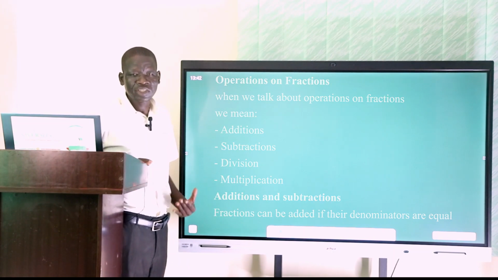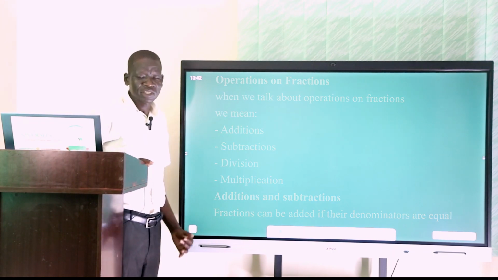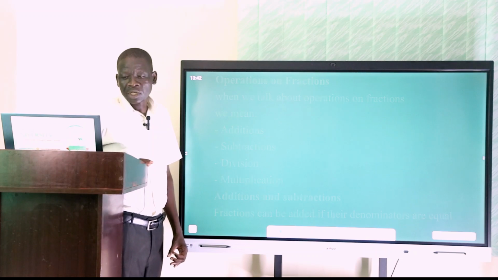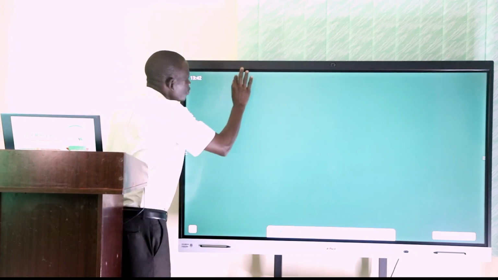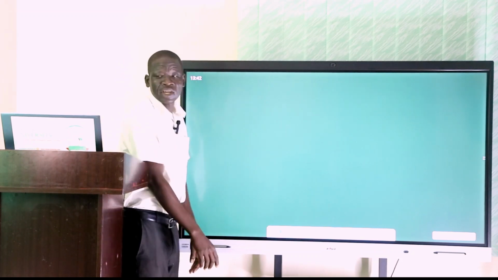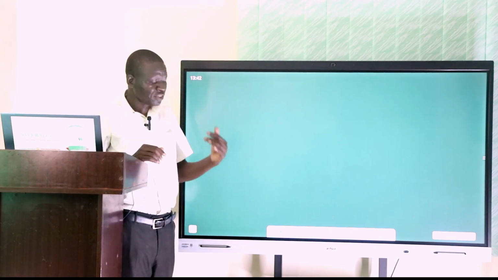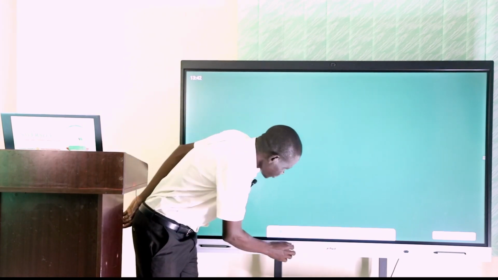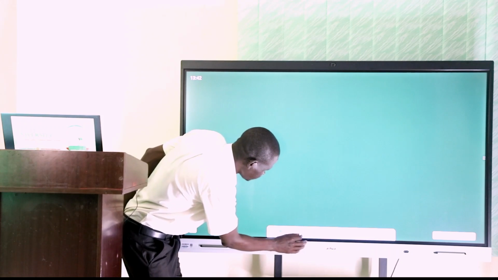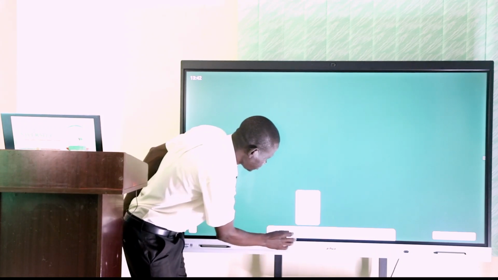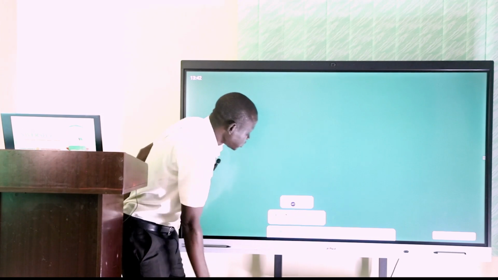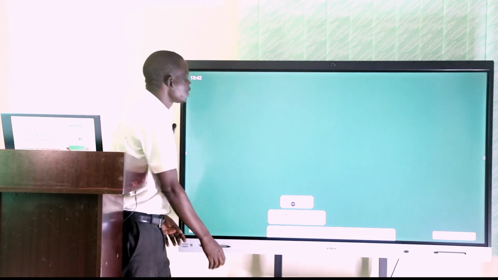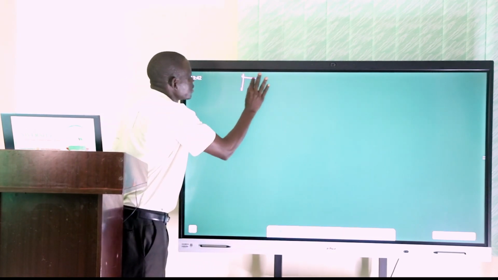We divide the answer by the denominator that is there. For example, we want to see how we can add these fractions.